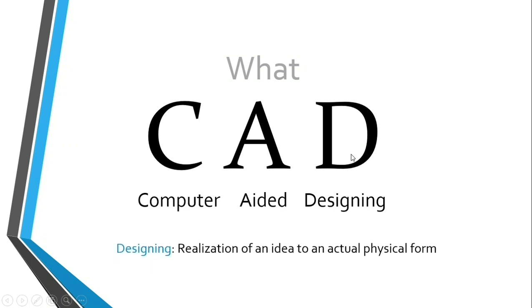Designing is the realization of an idea into an actual physical form. It means you have an idea in your mind. How do you bring it out of your mind? You have to present it somewhere, right? Maybe you can sketch it on paper or you can draft it somewhere.